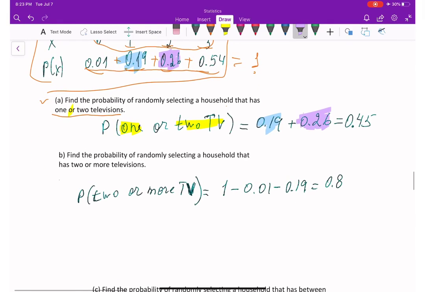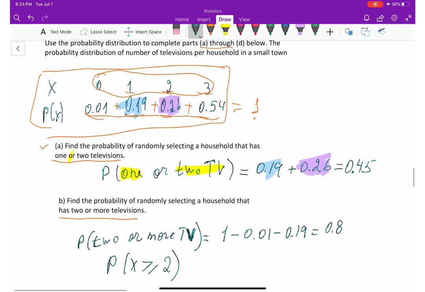B, find the probability of randomly selecting a household that has 2 or more, greater equal to 2. That's the same thing I can write down here. Probability of x greater equal to 2. Okay, so 2 or more, we have what?